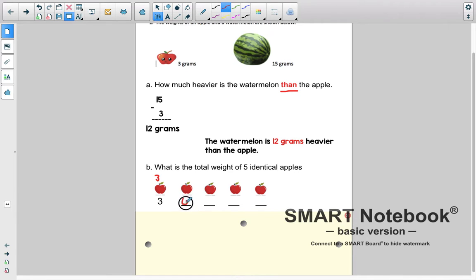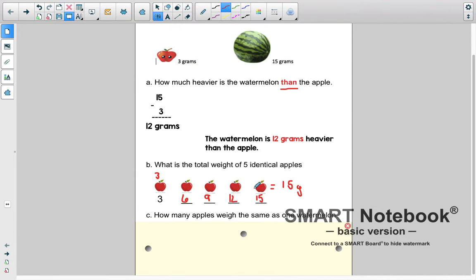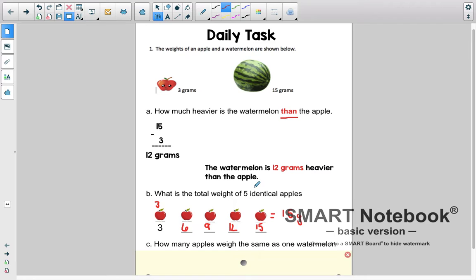Count with me. 3, 6, 9, 12, and 15. So 5 identical apples equals 15 grams. I'm going to put a G for grams. Good, that's B.